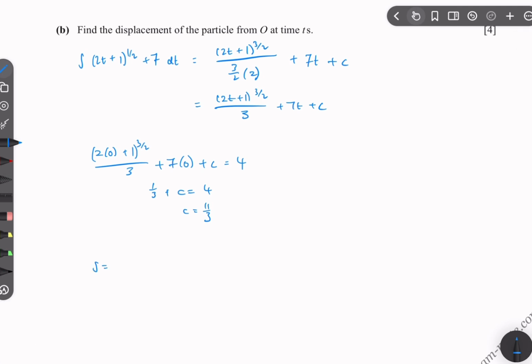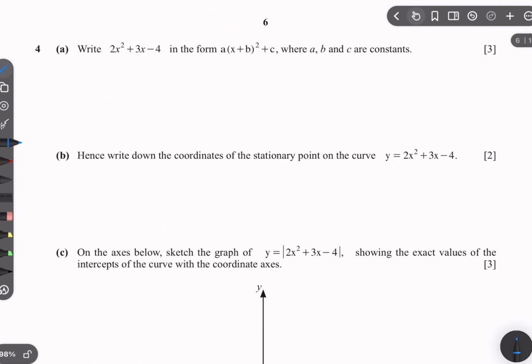Okay, we have the constant, so we can rewrite the equation. And this is the final answer.